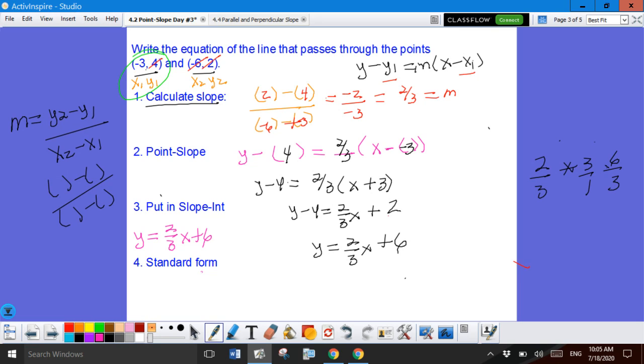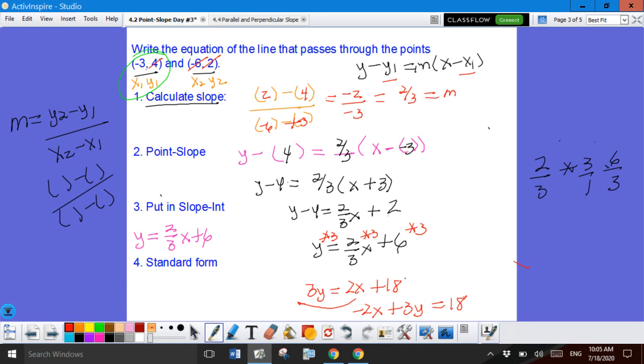Now it wants standard form. So let's go ahead and clear our fractions. So let's multiply everything by 3. So 3y is equal to 2x plus 18. Moving my 2x, I have negative 2x plus 3y equals 18.